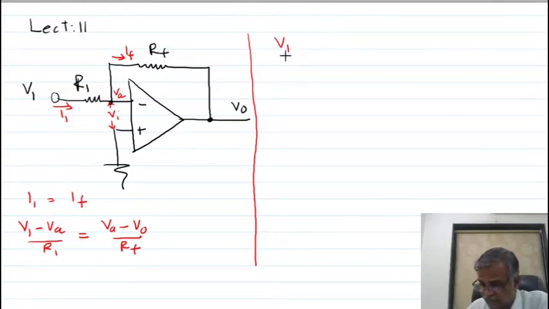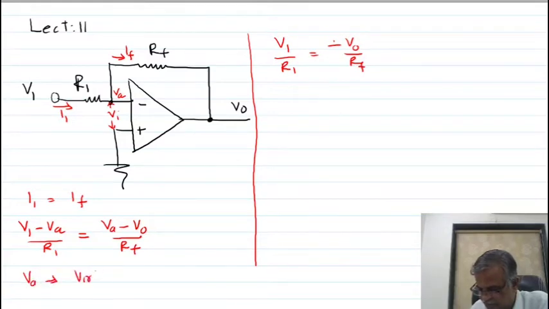So what is VA? In the last lecture I told you VA is a virtual ground. This point behaves as a virtual ground. Why?